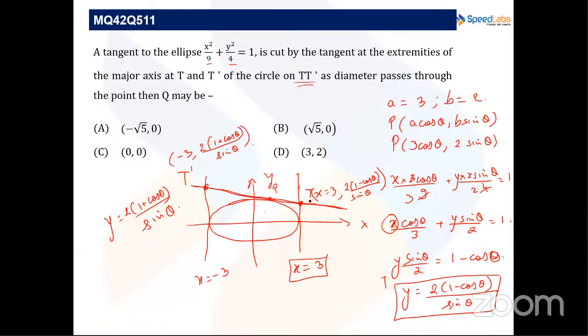Now overall, if TT dash is acting as a diameter, then we know that if we have the endpoints of a diameter as (x1, y1) and (x2, y2), then the equation of the circle is (x minus x1)(x minus x2) plus (y minus y1)(y minus y2) equals 0.